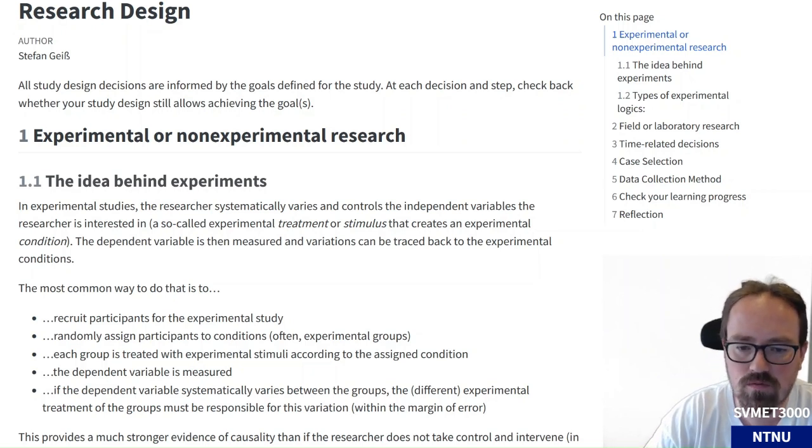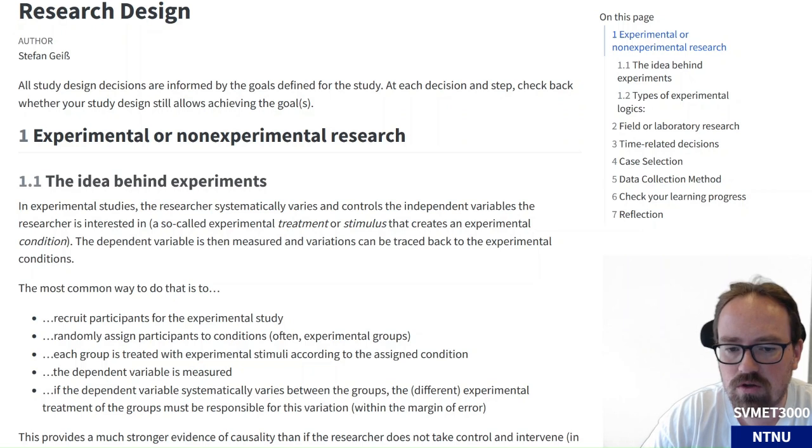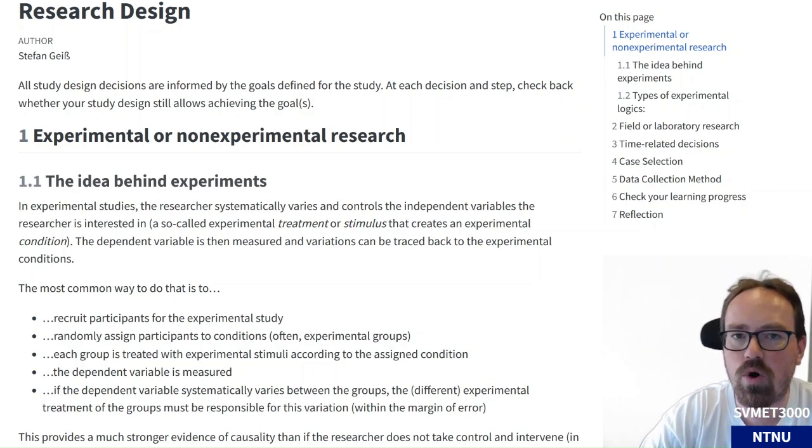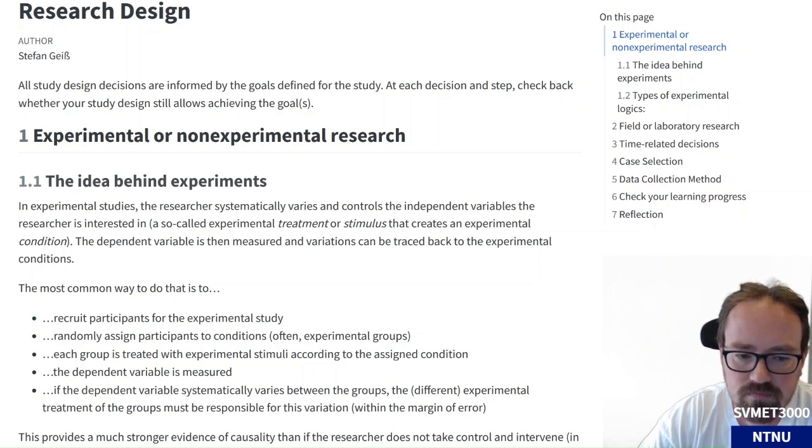So if we, for example, have two different groups and they receive two different treatments, then we can attribute the differences between the groups to this differential treatment if the groups were similar to begin with. Then we would have expected to measure the same values or the same distributions roughly in the dependent variables.